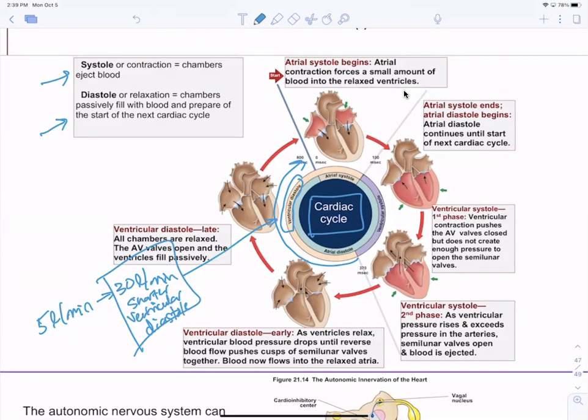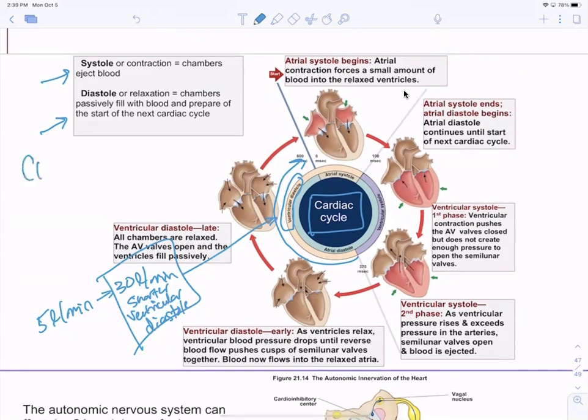I want to finish off with cardiac output, right, in liters per minute.